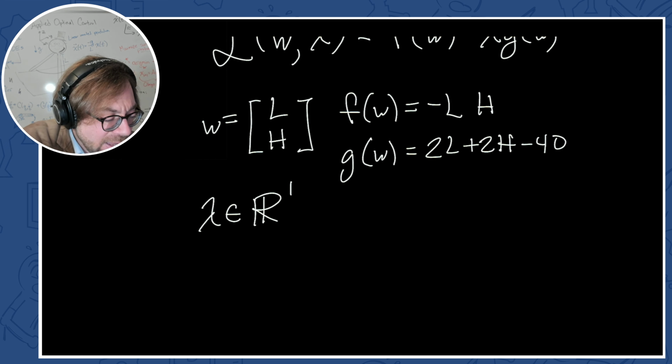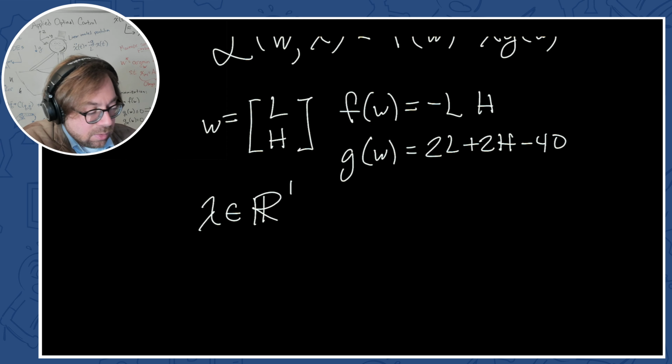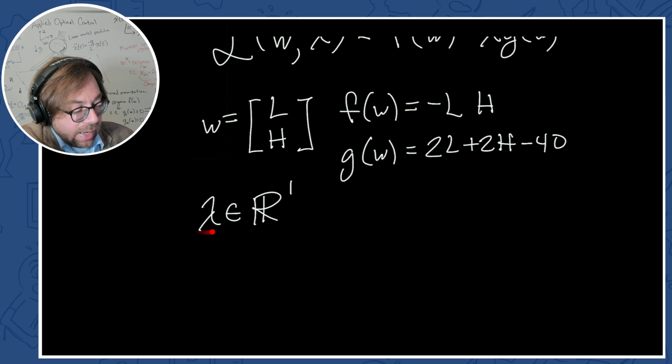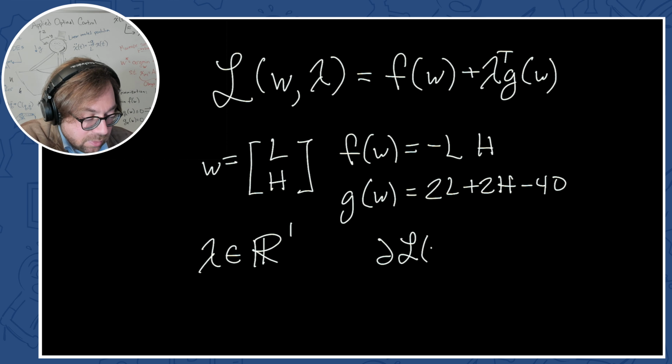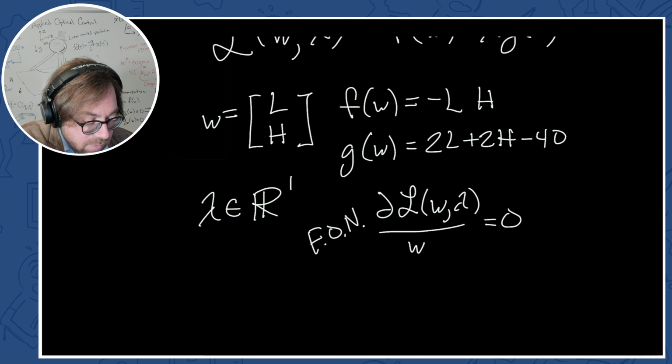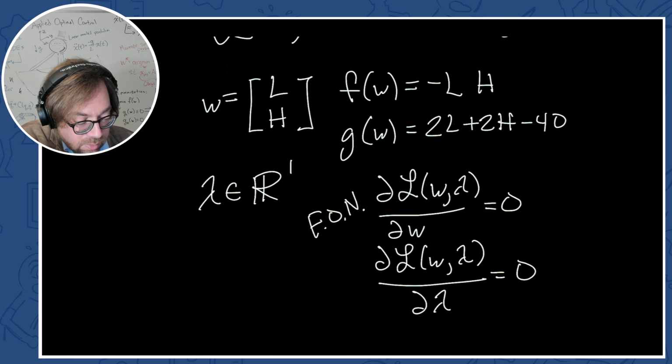So what we need to find is an L, an H, and a lambda such that partial Lagrangian of w, lambda, partial w equals 0. This is our first order necessary conditions. And of course that partial Lagrangian of w, lambda, partial lambda is equal to 0.